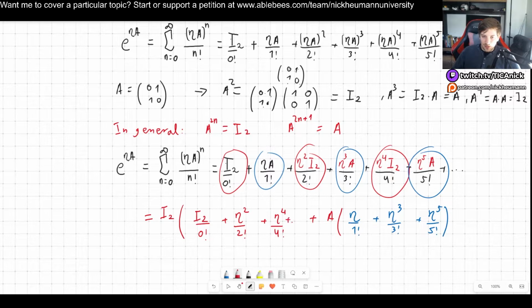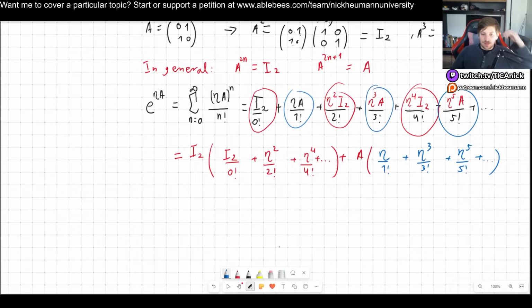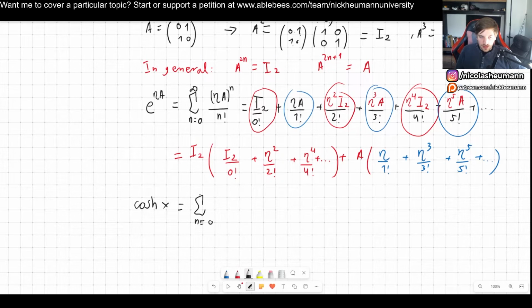And of course, in principle, I should write this down, this is plus dot, dot, dot, so we have infinite terms here. I'm just using these ones to represent what's going on. Okay, so what are those things? Let me just quickly remind you of these two things. The hyperbolic cosine of x can be written as the infinite sum, n equals 0 to infinity, of x to the 2n divided by 2n factorial.